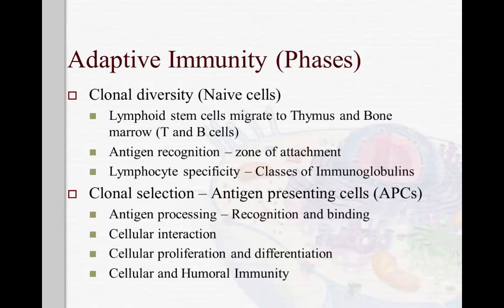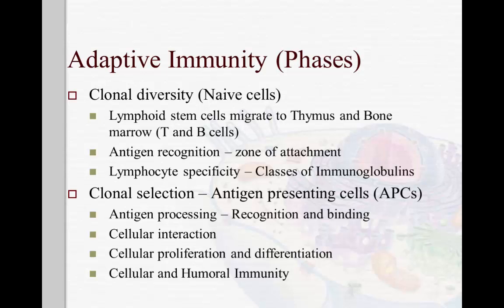So these are native cells of the lymphoid system that migrate to the thymus and bone marrow and are in charge of recognition of the antigen and presentation as well. In addition to the clonal diversity, there's clonal selection.